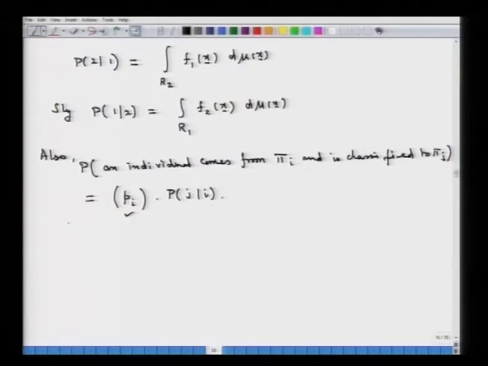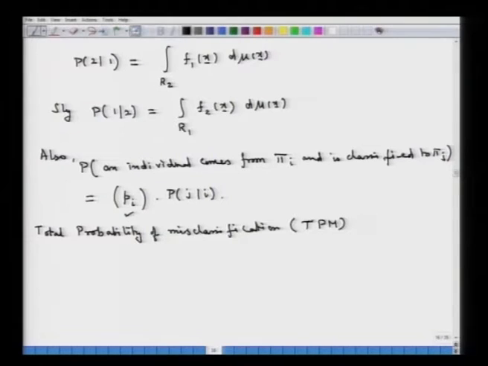So, one can actually look at, based on these definitions, an important quantity which is called the total probability of misclassification, in short, the TPM for this classification rule, that is the partition R1 R2 here.